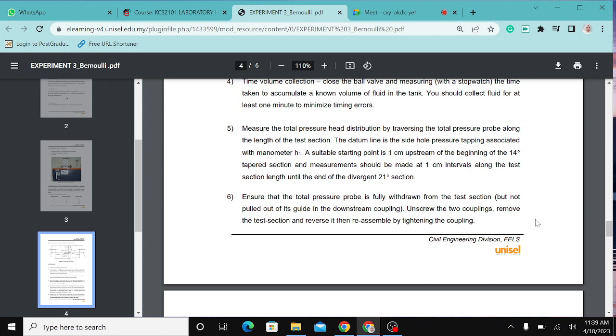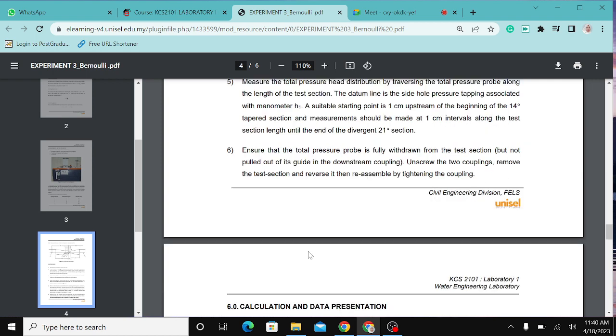The datum line is the side hole pressure tapping associated with manometer H1. A suitable starting point is 1 centimeter upstream of the beginning of the 14-degree tapered section, and measurements should be made at 1 centimeter intervals. That means you take measurements at 1 centimeter intervals along the test section until the end of the divergent 21-degree section.